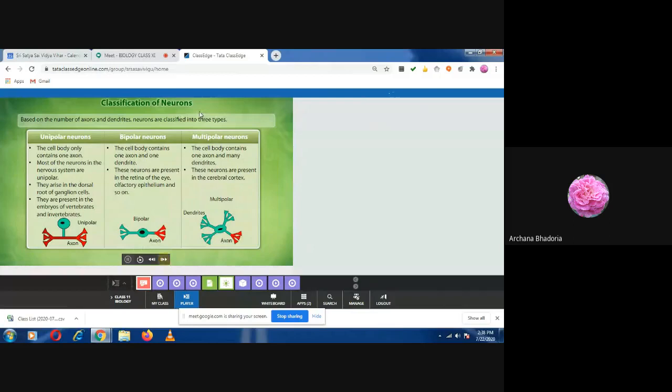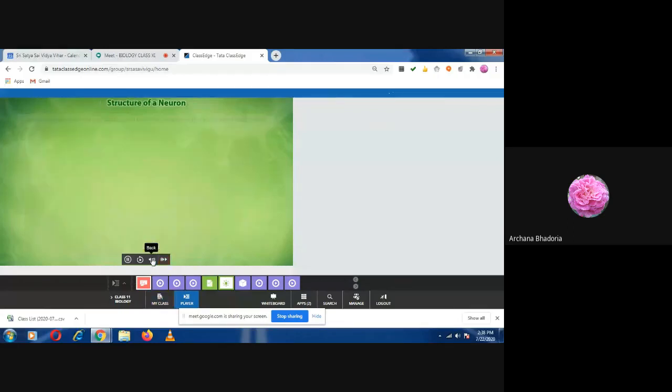Remember, they are unipolar, bipolar, and multipolar. This classification has been done on the basis of the number of axons arising from the cell body. Now see here in the previous one, we are seeing that only one axon is arising.